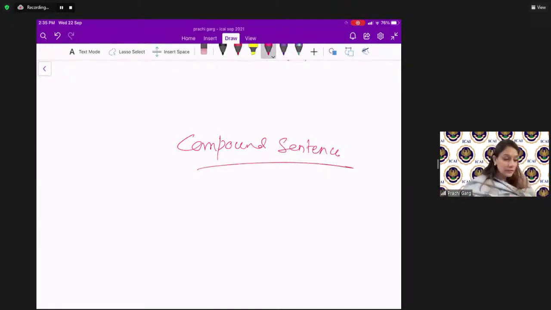So in a compound sentence we have two or more independent clauses that come together, and that is joined using a coordinating conjunction.